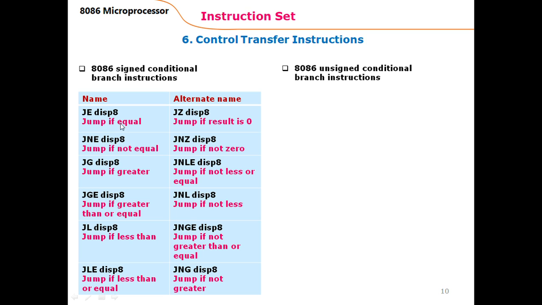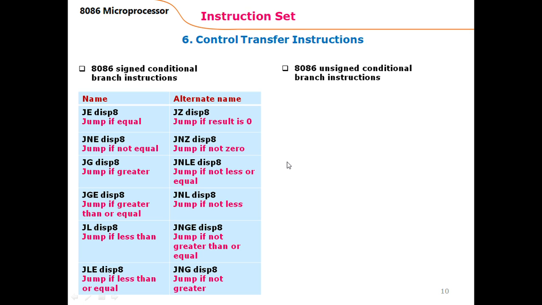So jump if equal, and the alternative of this jump instruction is JZ. As the name indicates, if two values are compared with each other and the result is 0, since in comparison normally one value is subtracted from the other, if the two values are equal, then the result would be 0, and that would be stored in the zero flag.